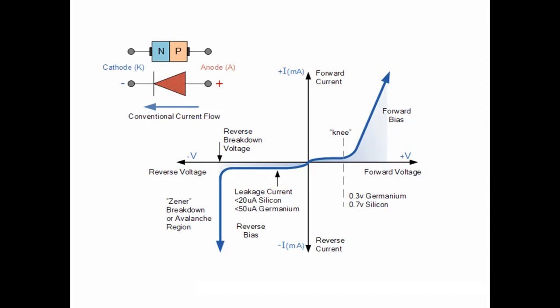For every 10 degrees Celsius rise, the 50 microamperes current will double. So how much is double? 50 microamperes doubled is 100 microamperes. And again another 10 degrees Celsius, 25 to 35, 35 to 45, it becomes 100 to 200 microamperes. So 200 microamperes is a considerable current.